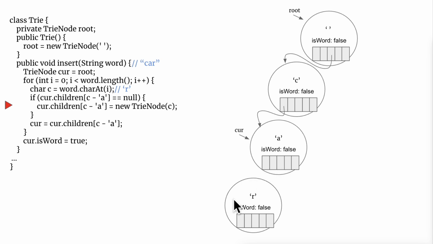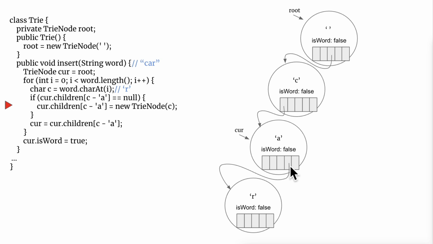So I'm going to create a new trie node. This time, my new trie node is created with character value R, along with the word value set to false, and a default 26-size array to store its children pointers. We can store this new trie node's pointer reference into the index of 17.